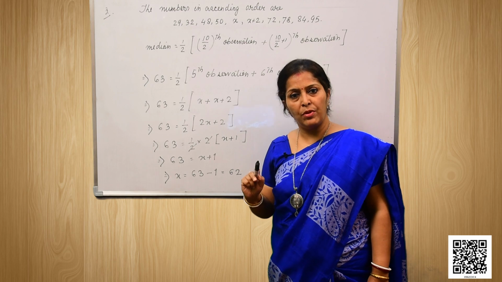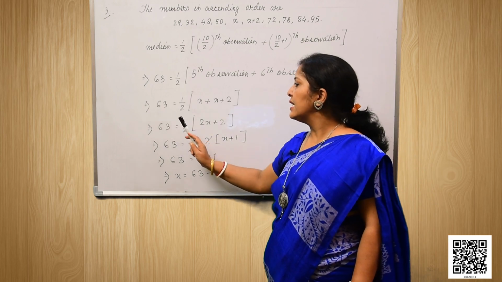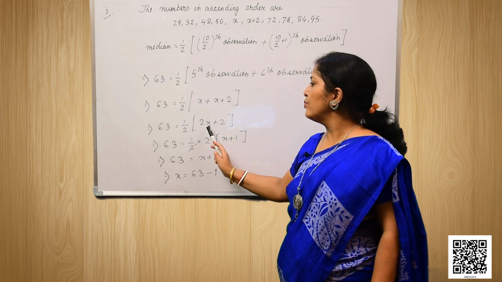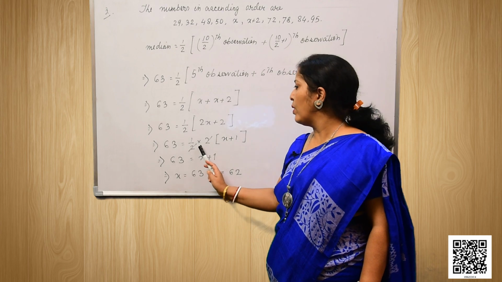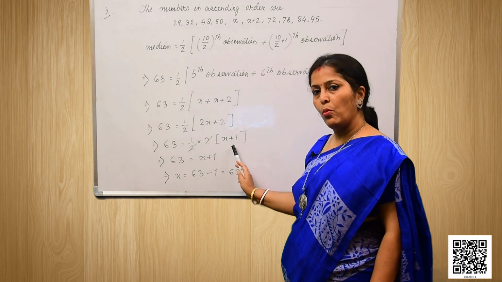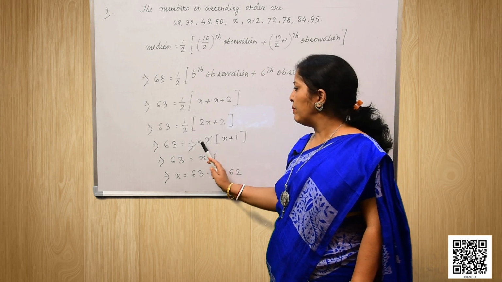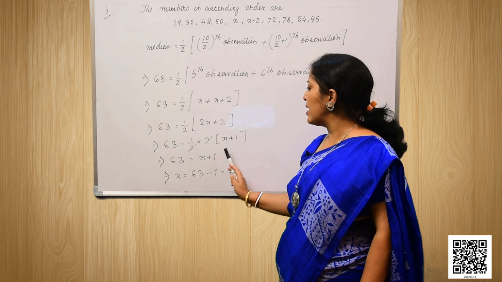Next we go to the simplification of the equation. This implies 63 is equal to 1 by 2 into 2x plus 2. Then we take 2 common and get x plus 1, and this 2 will be cancelled. In the next step, 63 is equal to x plus 1.